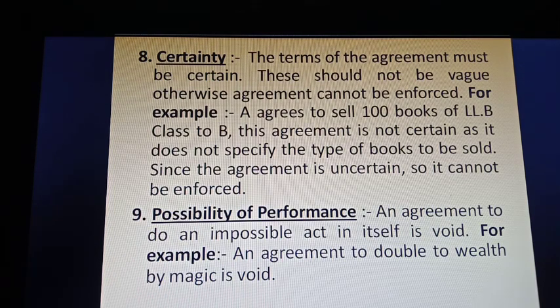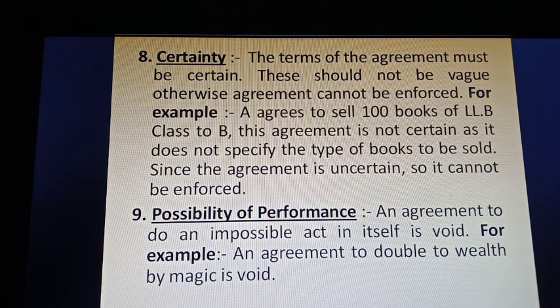For example, A agrees to sell 100 books of LL.B class to B. This agreement is not certain because it does not specify the type of book to be sold, whether it is of IPC or contract. There was no certainty in this agreement. Since the agreement is uncertain, it cannot be enforced in the court of law.